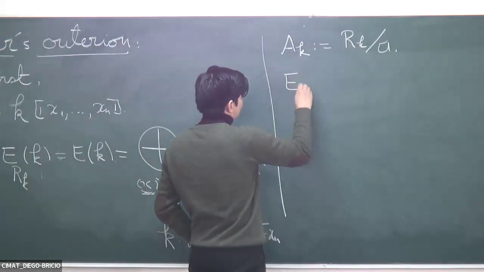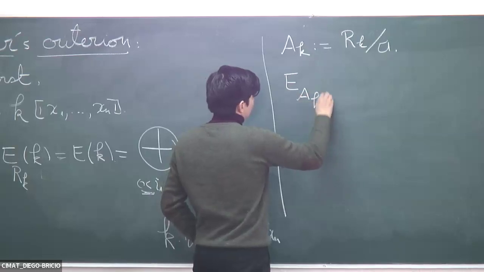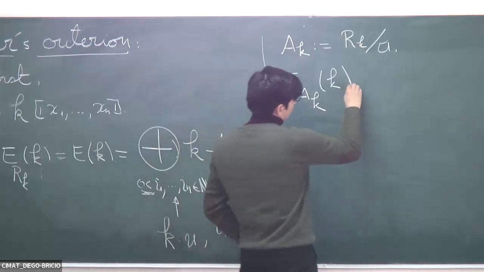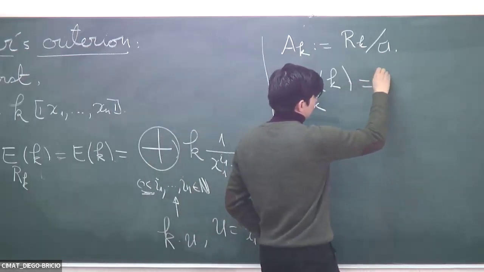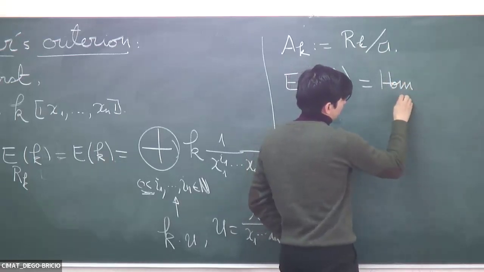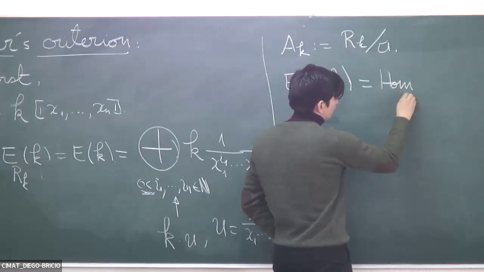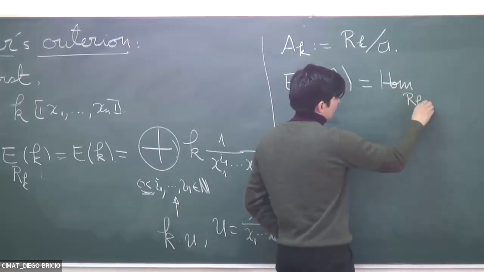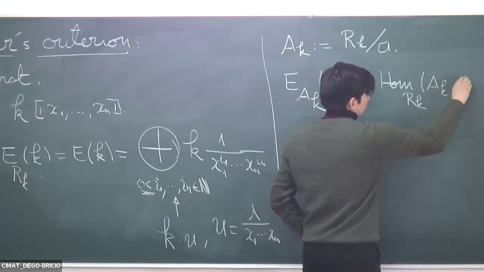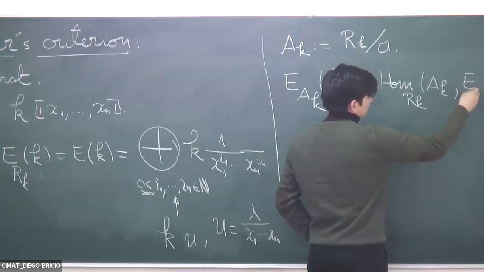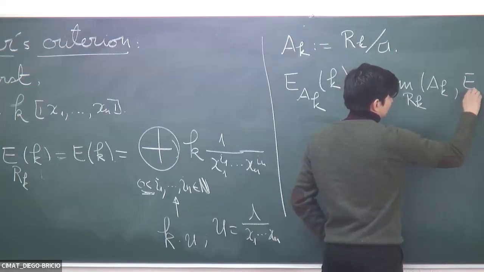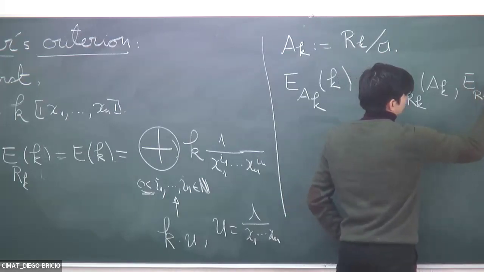So we can say that the injective hull of K in this ring, what you do is essentially you take the Hom over R from A_K to the injective hull, the big one. Let's call that one E. Let's call it what it is.